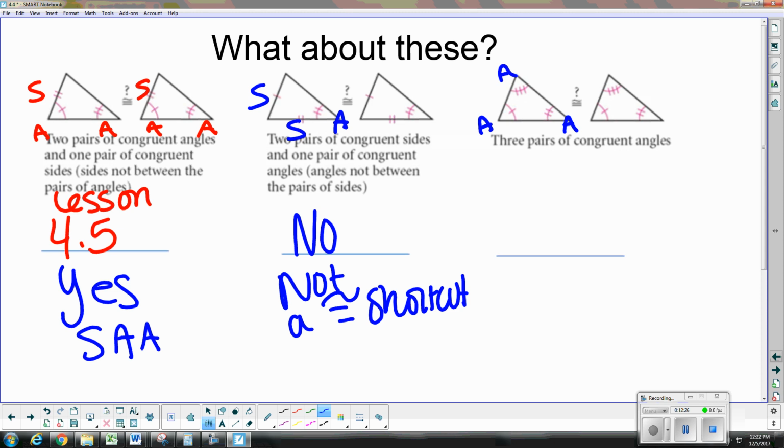And then this last one, again, we'll do this in the next lesson. But no, angle, angle, angle is also not a shortcut.